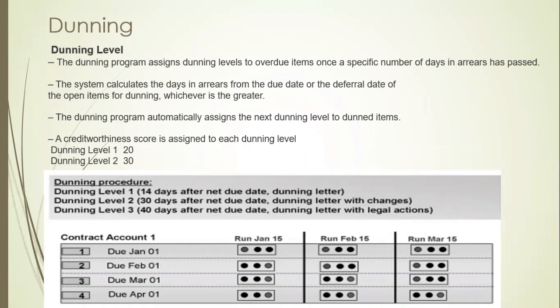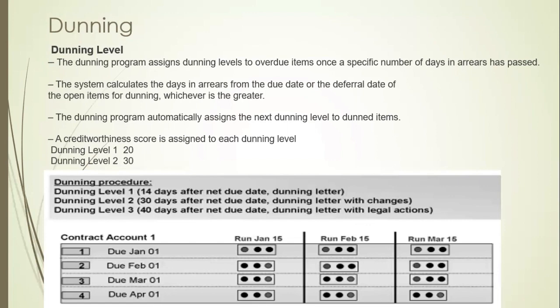Let the first level be for late payment surcharges, which would be after 15 days. So after 14 days, when he didn't pay, on the 15th day, we execute level 1 and the late payment surcharge is applied automatically. Then it will wait for the next 15 days for level 2, at 30 days. After 30 days, a letter automatically gets generated and sent to the person.